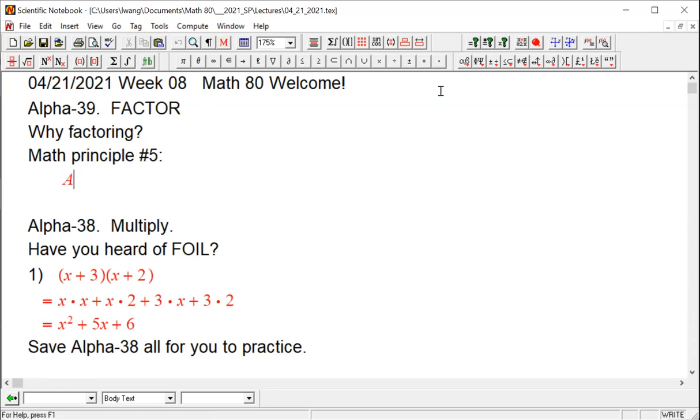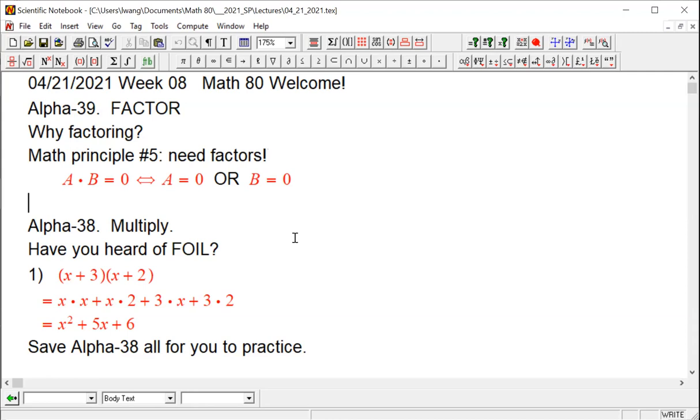A times B equals 0, right? If and only if A is 0 or B is 0, right? We need factoring. We need factors. A is a factor, B is a factor.